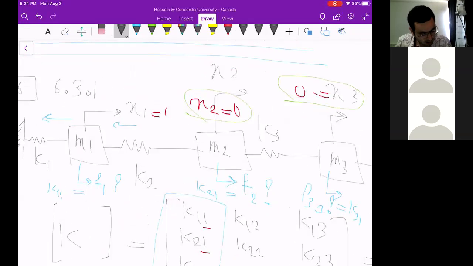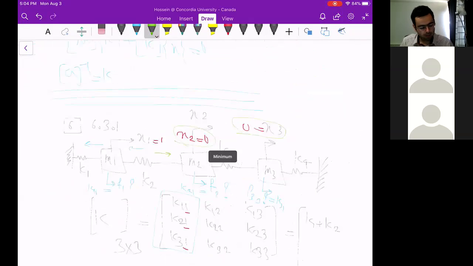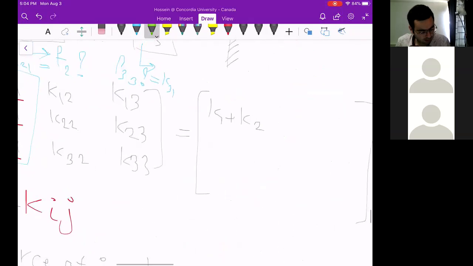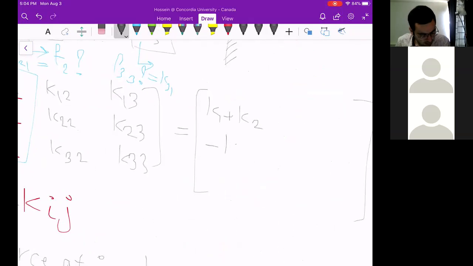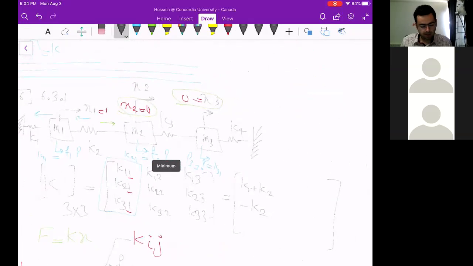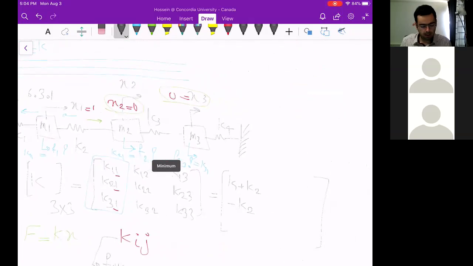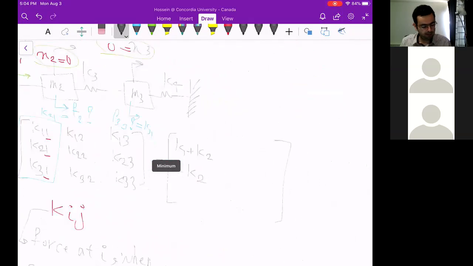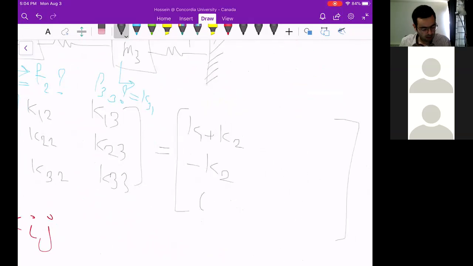Therefore, there should be a reaction force to the mass 2 in order to make sure the displacement at mass 2 is 0. So there should be minus K2. Minus K2, and when mass 2 is stationary, mass 3 definitely would be stationary, so there would be no need to do anything, right?